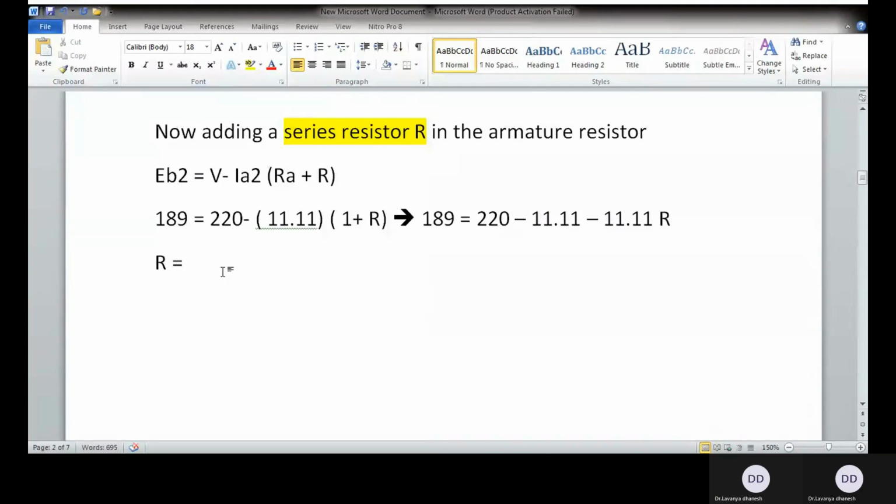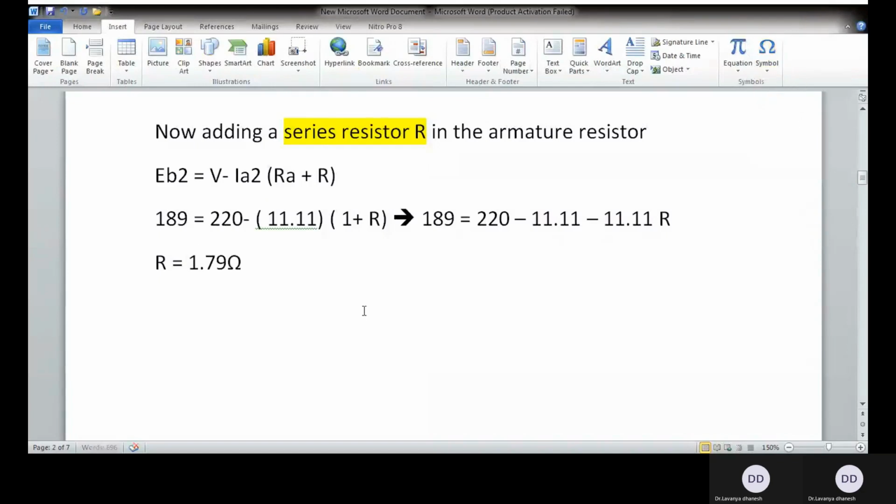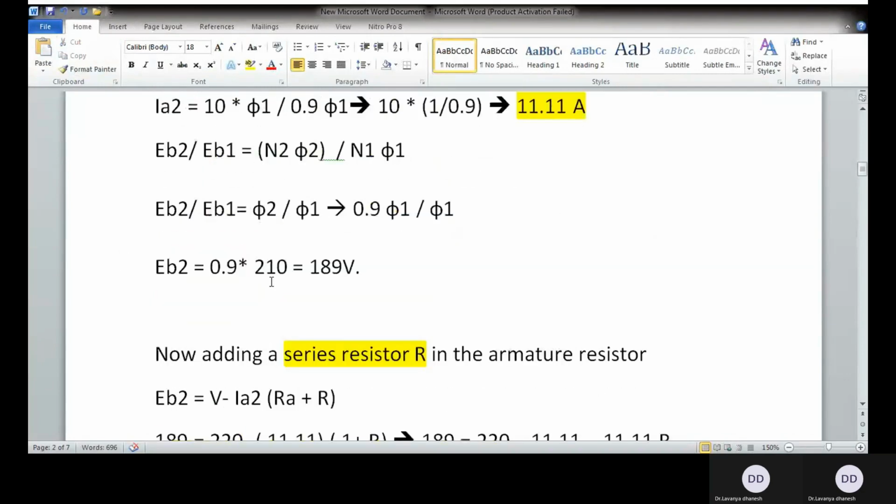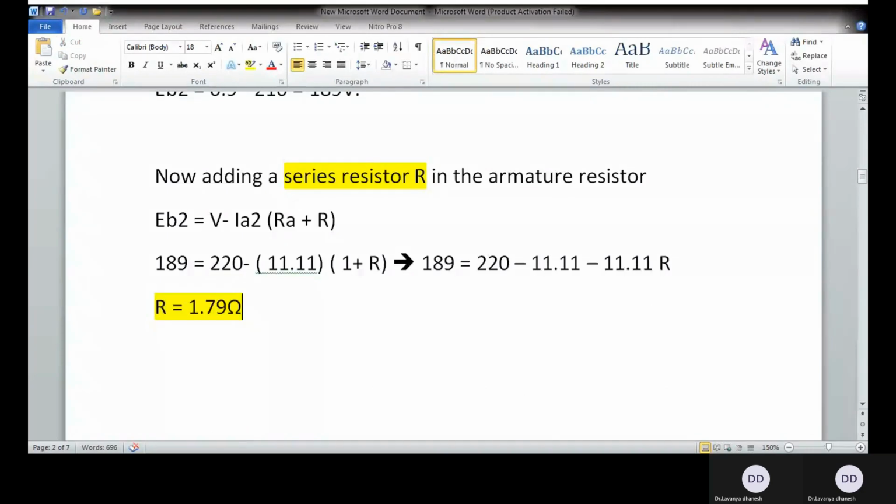So from that, when you calculate, you get the answer as 1.79.